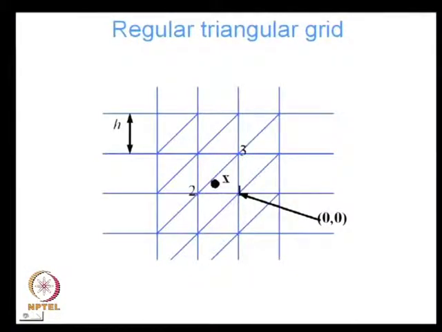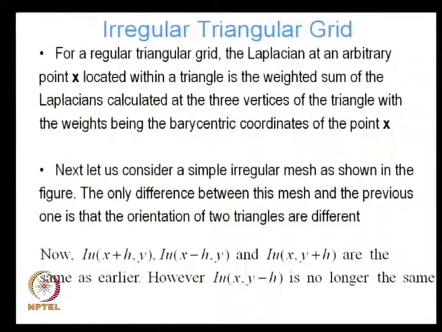So, what does the Laplacian operator look like when we consider an irregular triangular grid? For a regular triangular grid, the Laplacian at an arbitrary point x located within the triangle, as we saw, is the weighted sum of the Laplacians calculated at the 3 vertices of the triangle.